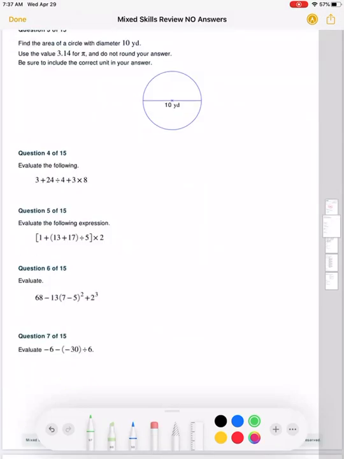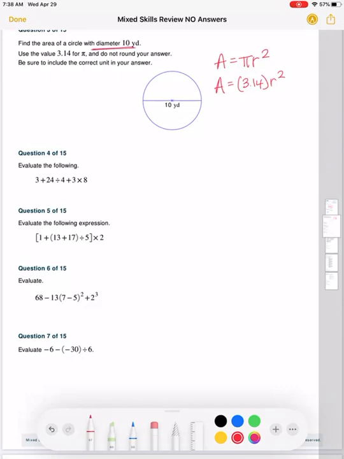All right. The next one says find the area of the circle with a diameter of 10 yards. It says use 3.14 instead of pi and do not round your answer. So area of a circle is pi r squared. So instead of pi, we want to use 3.14 times the radius squared.